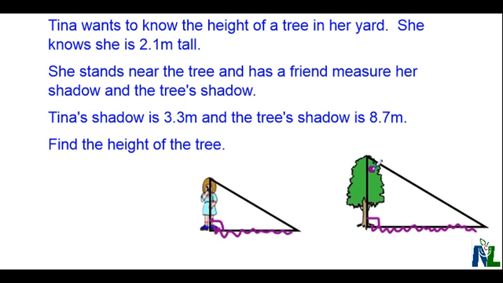Because the objects are in the same area, they're near each other, and the sun is very far away, the angle that the sun hits these with will be the same. It's not the exact same because the objects are not occupying the same space, but because they're near each other and the sun is so far away, you can assume that that's pretty much the same angle, and that's not going to be a problem for your calculations.